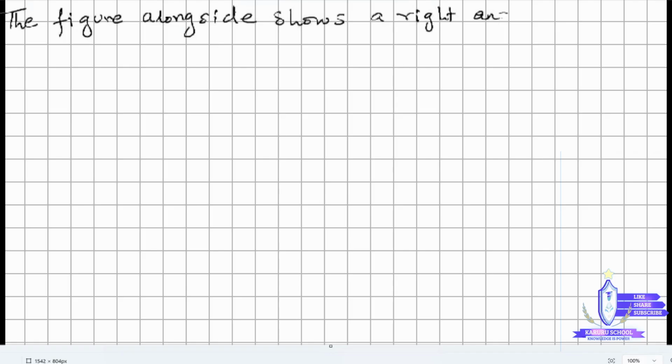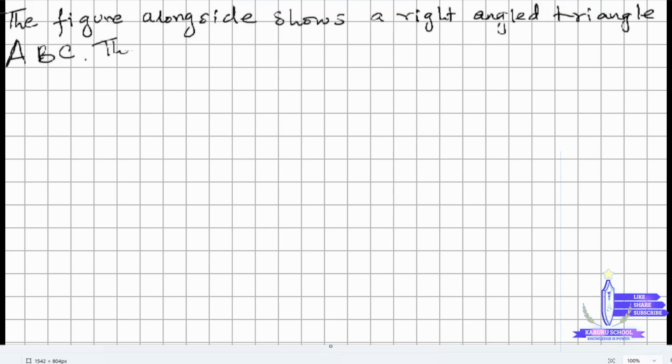The figure alongside shows a right angled triangle ABC.